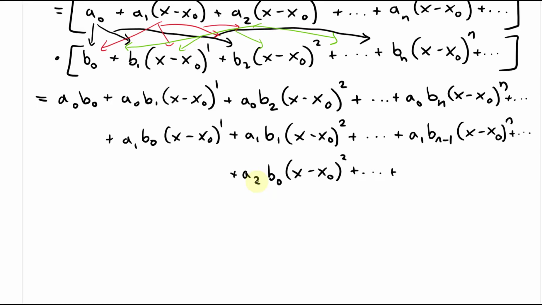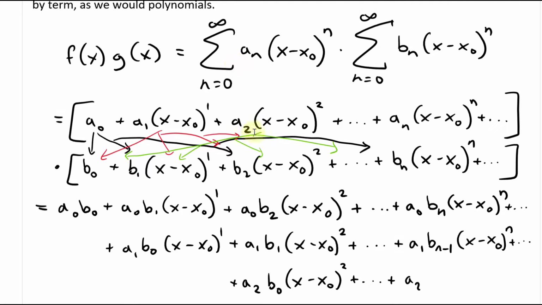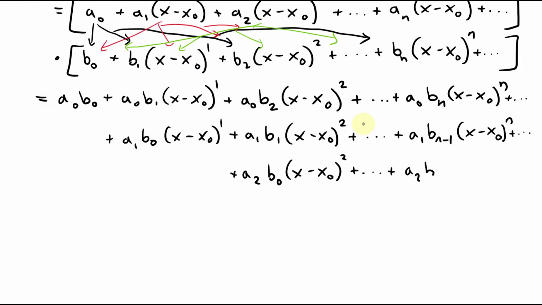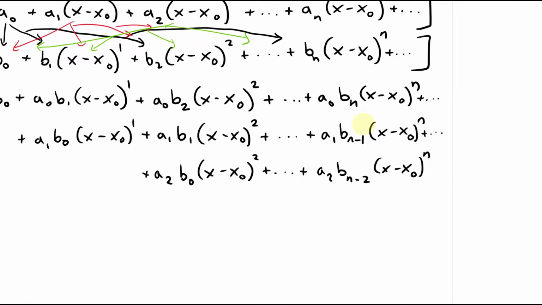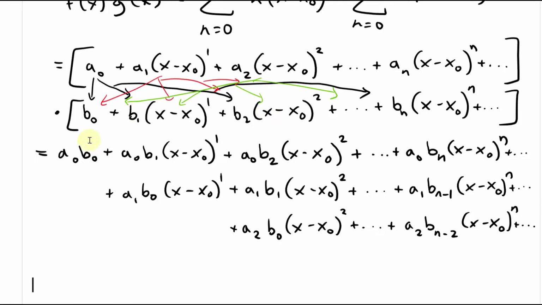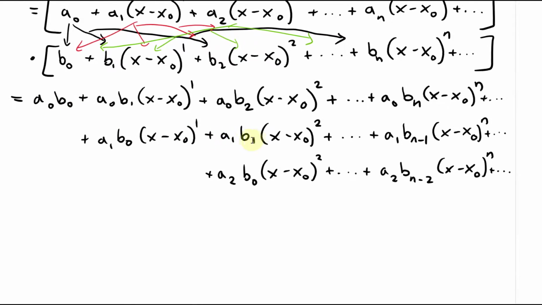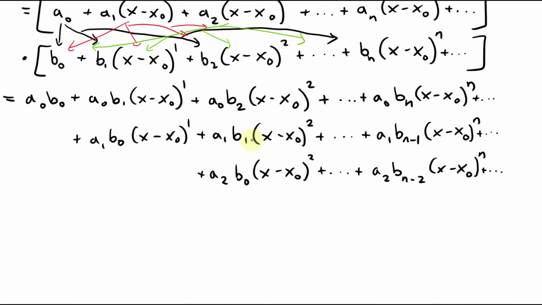This is going to be now plus, this next one's always going to be a2 because you're multiplying this a2 out by every single one. And then this one's going to be bn minus 2. It goes to x minus x0 to the power of n, like that, plus dot, dot, dot. And then notice what we have here. This is adding up like that. Then eventually it's going to go all the way across here. Let's just draw dot, dot, dot.